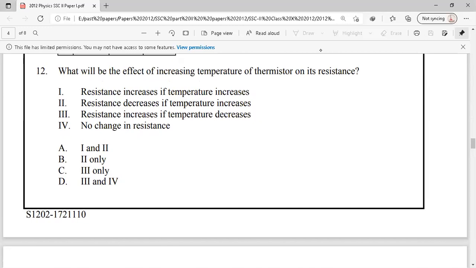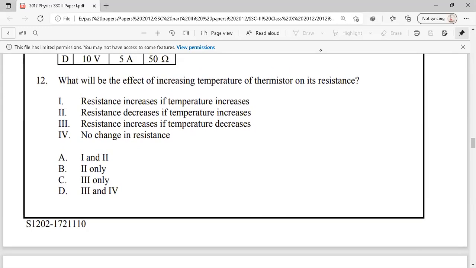Let's see question number 12. What will be the effect of increasing temperature of a thermistor on its resistance? So, a thermistor is a type of temperature sensing resistance. This means that this is purely non-ohmic, because its resistance changes with the change in temperature. So we have studied two types of non-ohmic conductor.